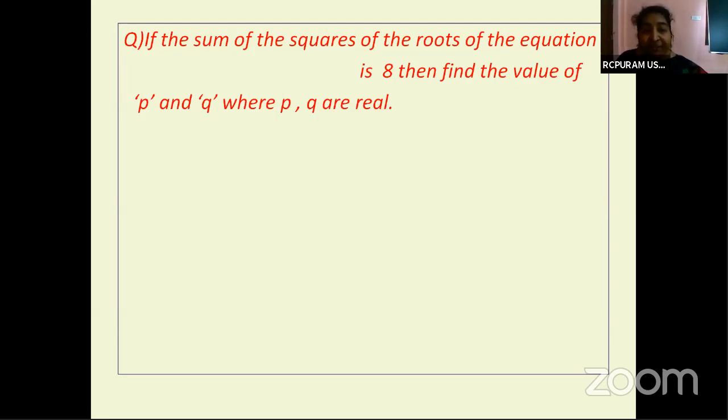The question is: if the sum of the squares of the roots of the equation x² + (p + iq)x + 3i = 0 is 8, then find the value of p and q where p, q are real.